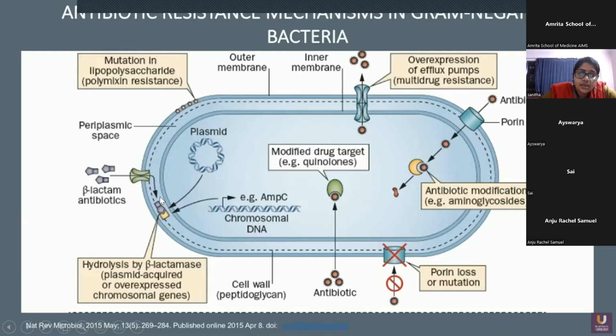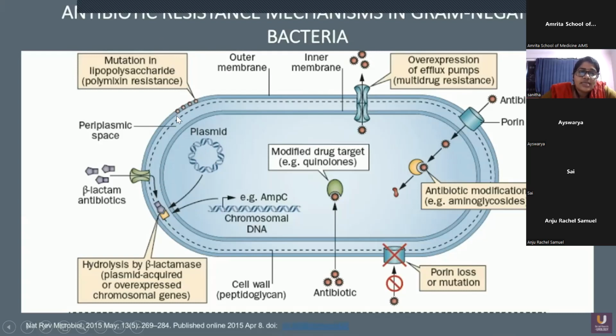And for beta-lactam antibiotics, there is beta-lactamase enzyme. So this beta-lactamase enzyme can be acquired by plasmid or by expression of chromosomal genes. So these beta-lactamases will destroy the beta-lactam antibiotics that manage to enter the periplasmic space.